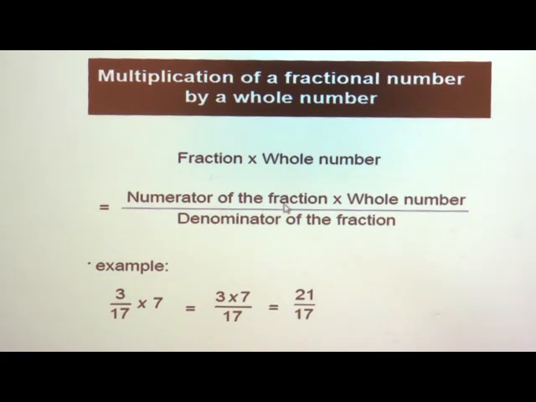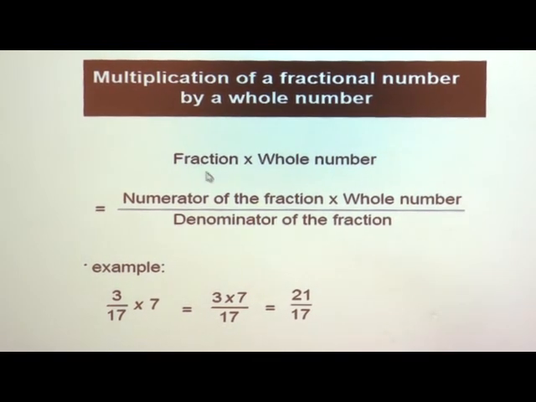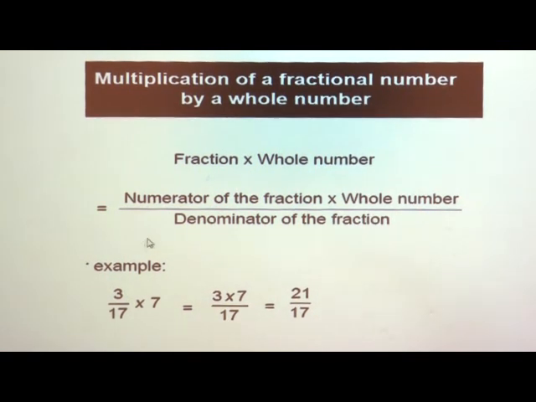So, the numerator of a fraction multiplied by the whole number. Yes, you know how we write a fraction? Numerator and denominator. So, upon the denominator of the fraction. One example we will see, so you will understand how we multiply a fraction by a whole number.